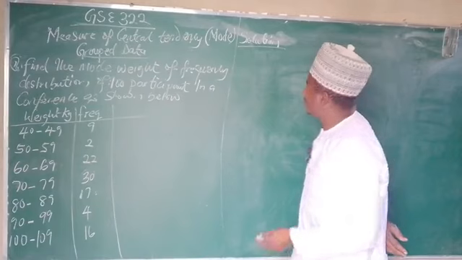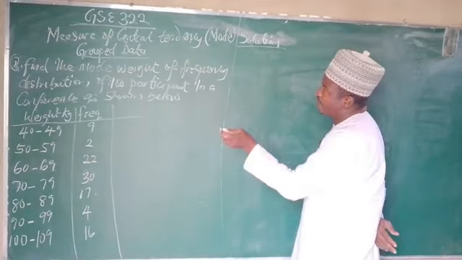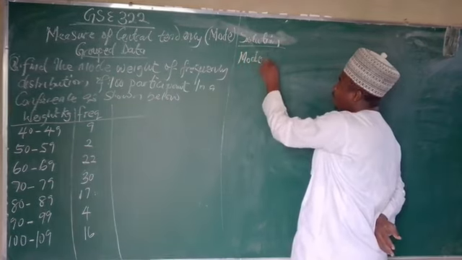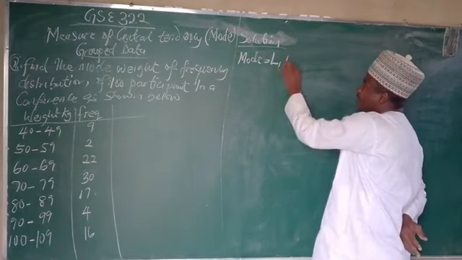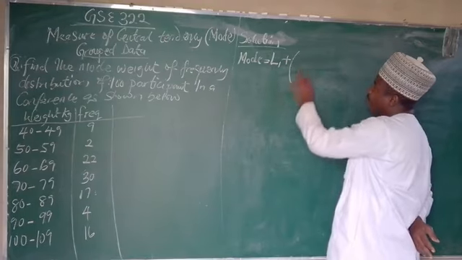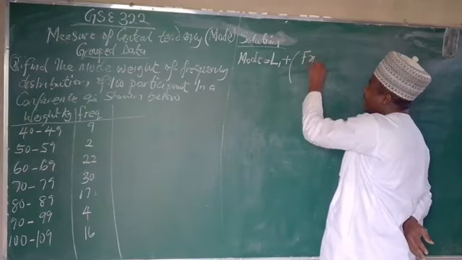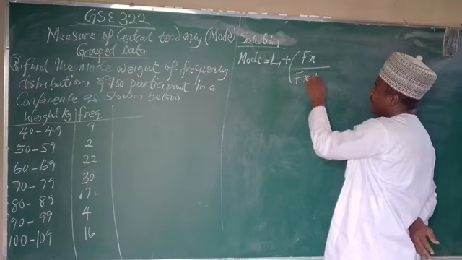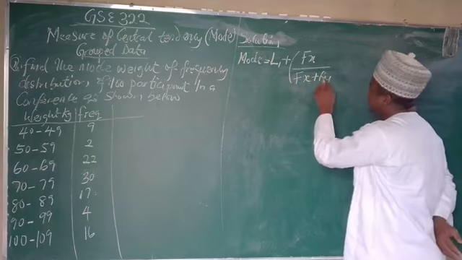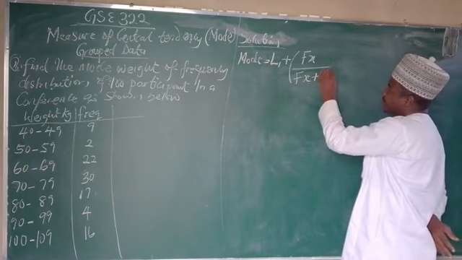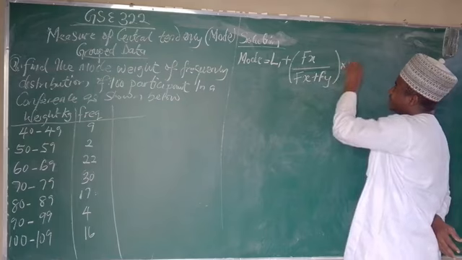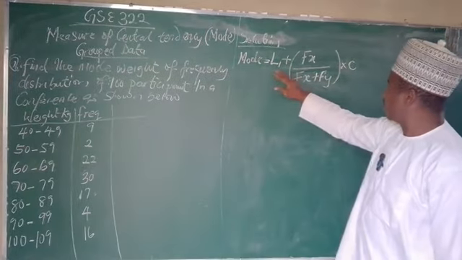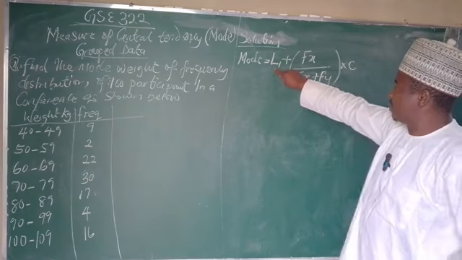There is a formula for finding the mode of group data, which says the mode is equal to L1 plus open bracket fx over fx plus fy close bracket c. So this is the formula, and what do they mean?